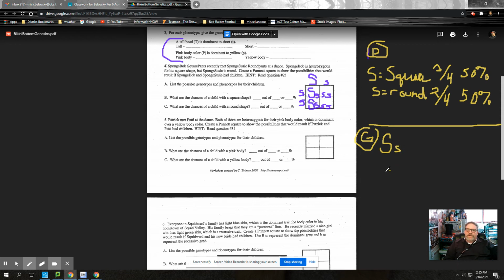I also see little s, little s. That would be these right here. So big S, little s is 2 over 4, 50.